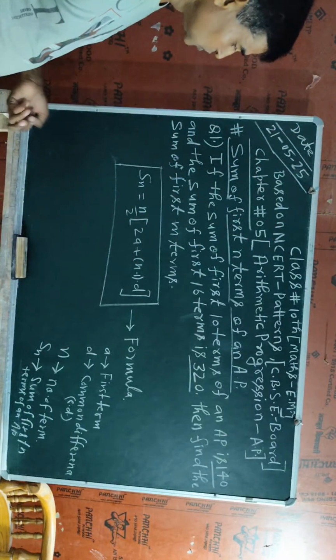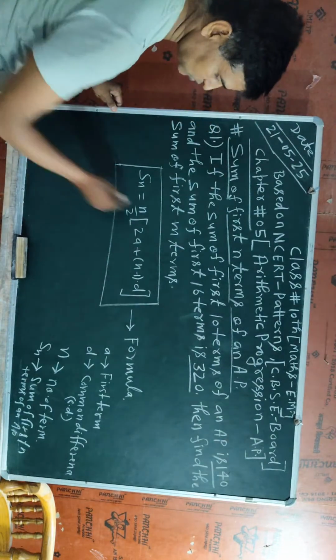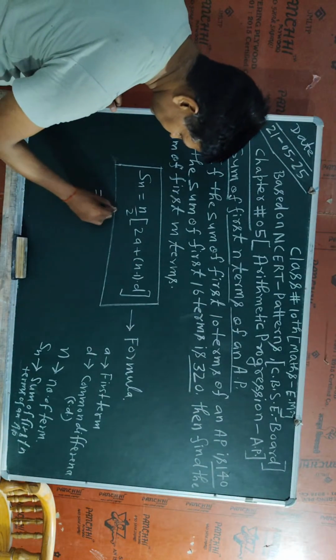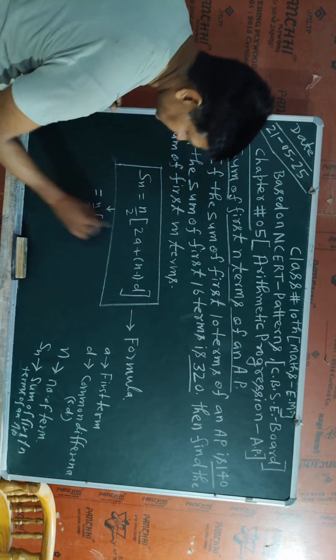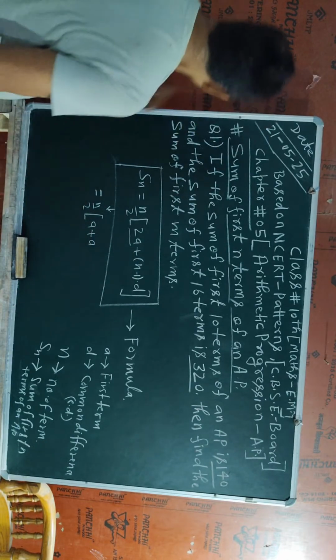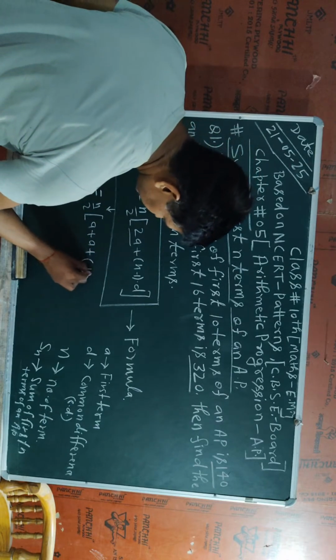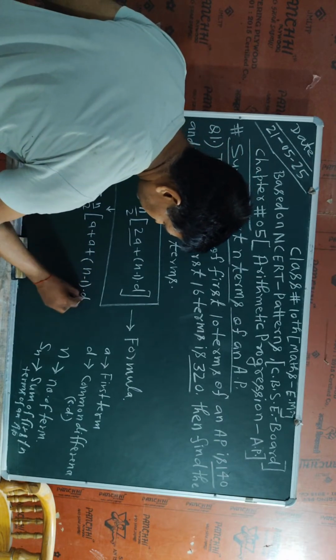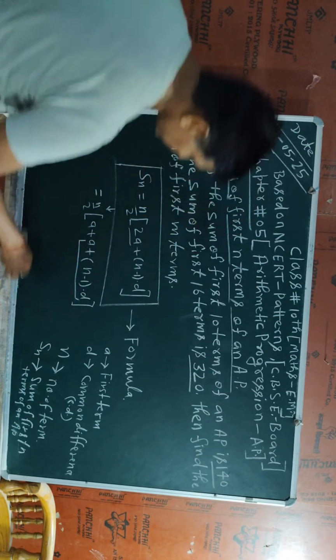Okay, student, if the first term and last term are given, the formula is converted like this: n divided by 2, in the bracket a plus an, where (n minus 1) into d is written as an, the nth term of an AP series.